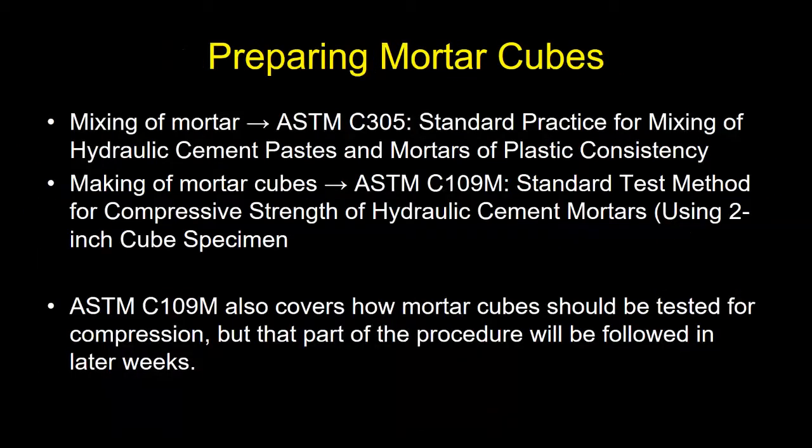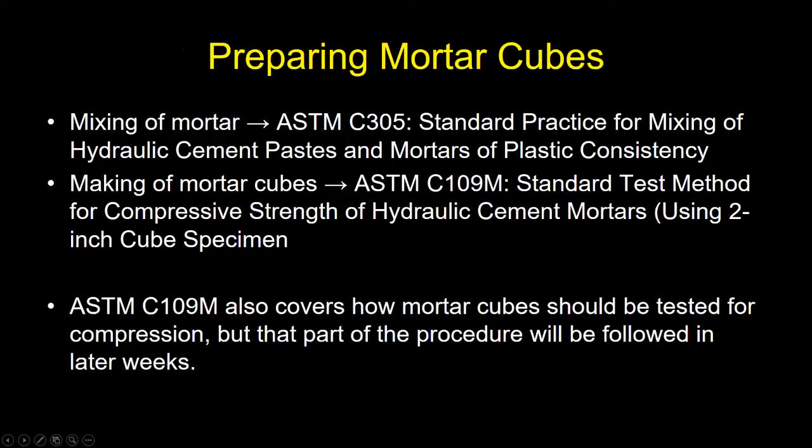So for preparing mortar cubes, the mixing of the mortar comes from ASTM C305, the standard practice for mixing of hydraulic cement pastes and mortars of plastic consistency. And then making the mortar cubes themselves is ASTM C109M, standard test method for compressive strength of hydraulic cement mortars using 2-inch cube specimens.